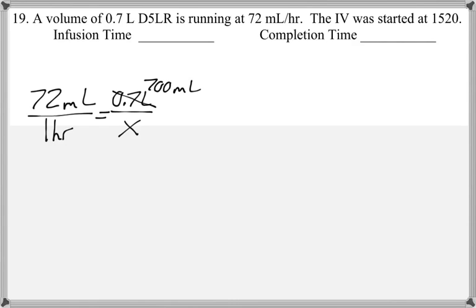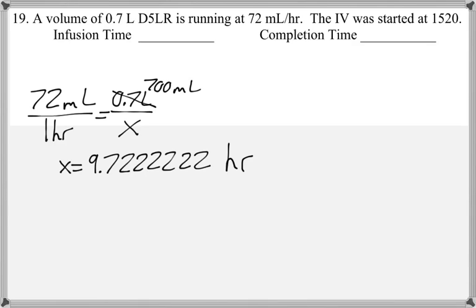And we get 9.7, and then it's 2 repeating. And you should put all of the decimals. So this was hours, but we need to express the infusion time in hours and minutes.